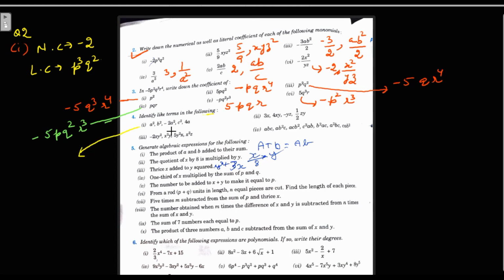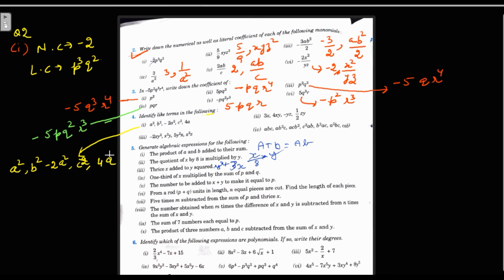We are given a square b square, minus 2a square c square, and 4a. So I have told you earlier what the like terms are.